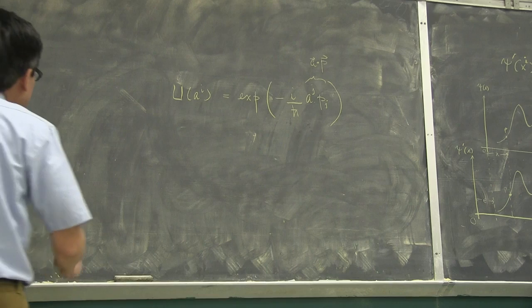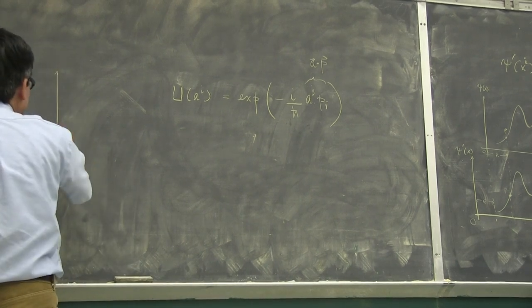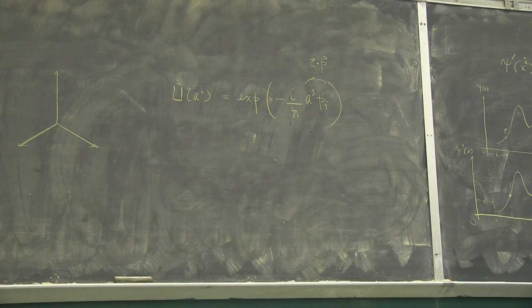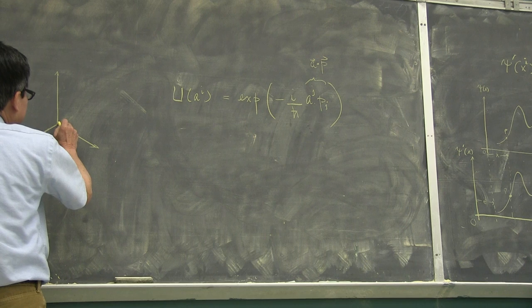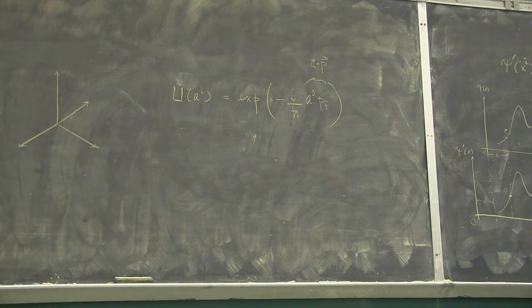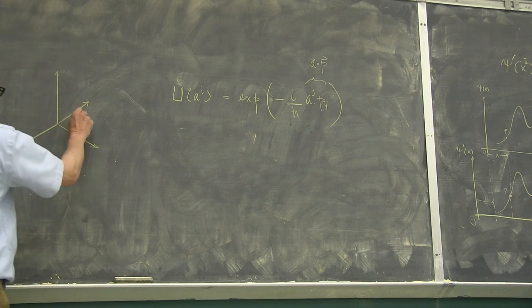Now, if you go to rotations, how do we specify a particular rotation? One convenient way of thinking about it is any rotation can be thought of as a rotation about a certain direction through a certain angle, okay? So let's say I want to rotate about a certain direction, which is represented by this unit vector here.